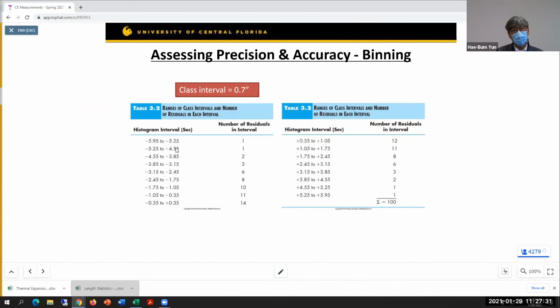Then you can have this bin for the larger values, and you can count how many observations fall into each bin. If you sum them up, that would be 100 observations. So the first method is using the class interval.